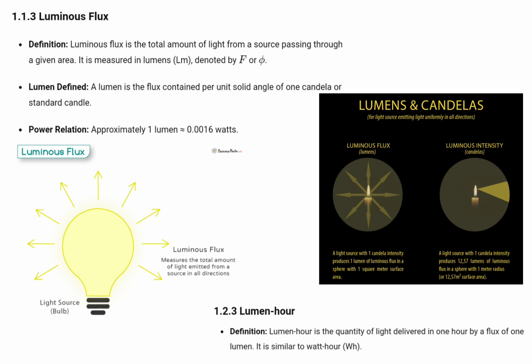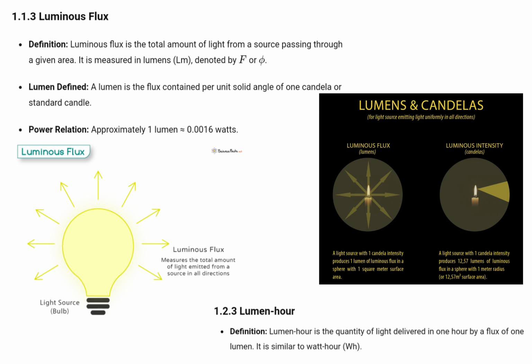A lumen is the flux contained per unit solid angle of one candela or standard candle. 1 lumen represents the amount of light emitted through one steradian by a source with a luminous intensity of 1 candela.